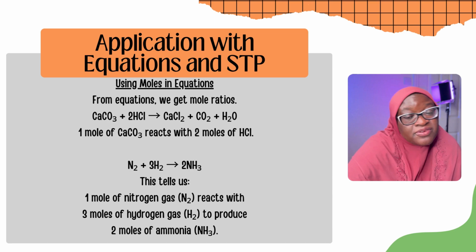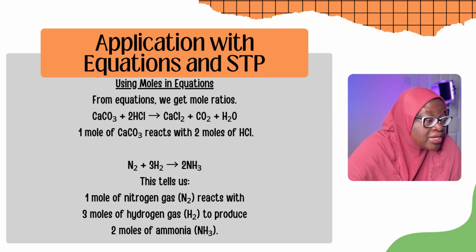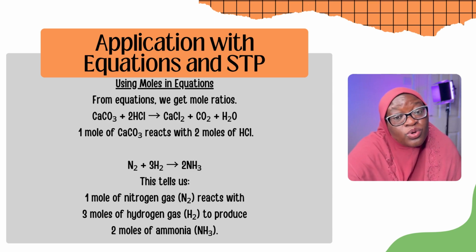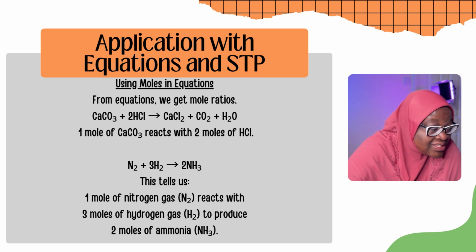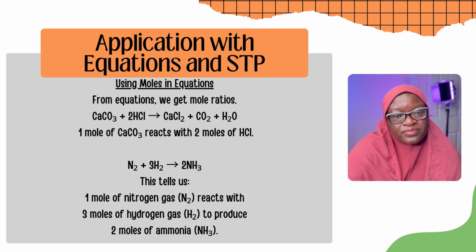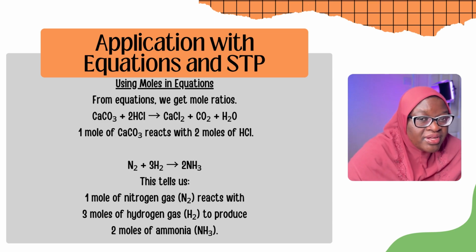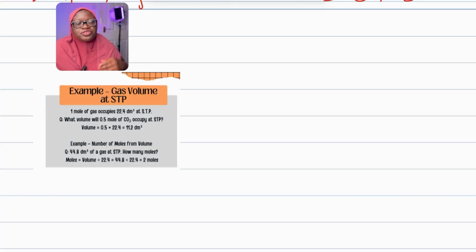Another example is the formation of ammonia that is done with the reaction between nitrogen and hydrogen. We only need 1 mole of nitrogen gas and 3 moles of hydrogen to give us 2 moles of ammonia.